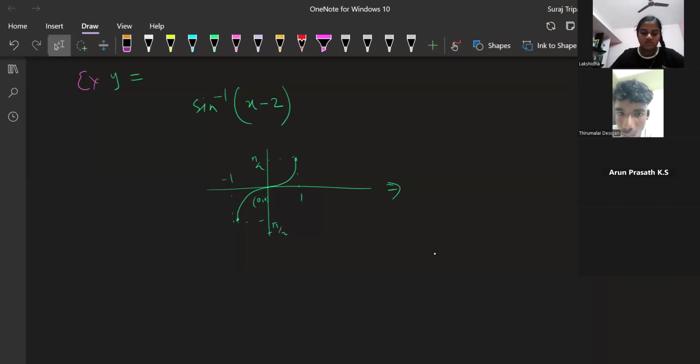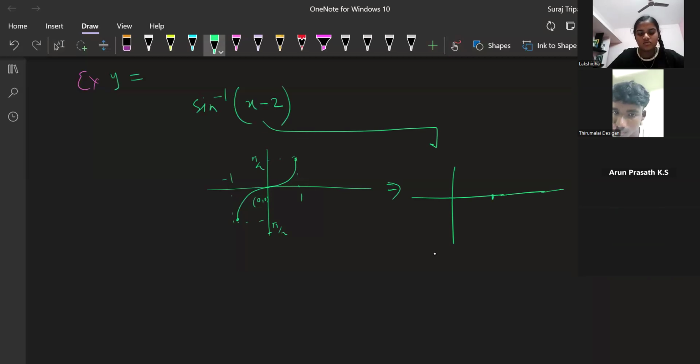So if you are converting this graph to this one, the new obtained graph will be, so we have to shift the entire graph towards the right side, right? So this 0, comma 0 will become 2, comma 0.